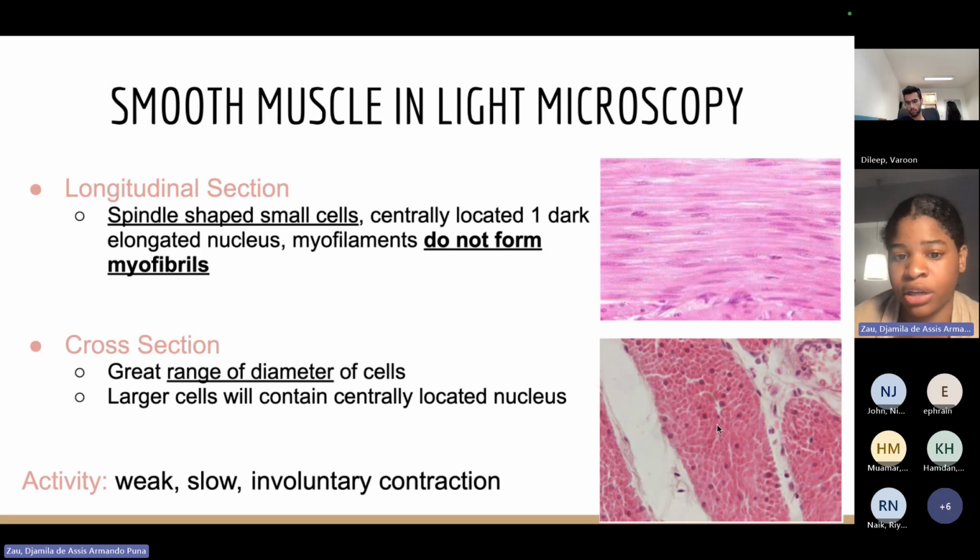But not all cells will have a centrally located nucleus. The activity of smooth muscle is weak and slow, and the contraction is involuntary.